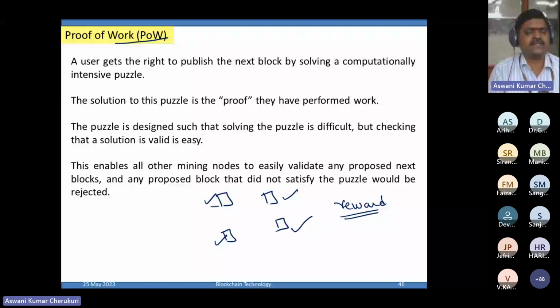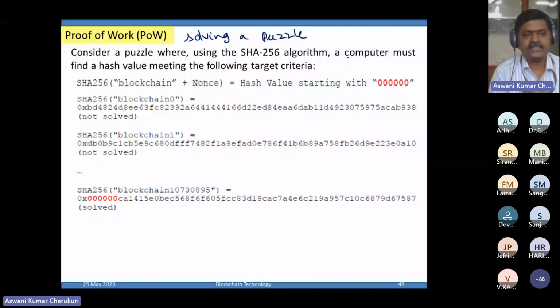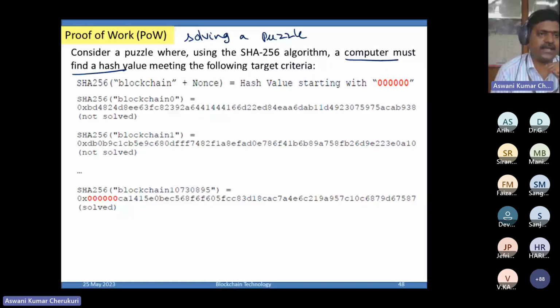Now let us see what that work is. Work here is solving a particular puzzle. So work is nothing but solving a particular puzzle. What is the puzzle? Imagine any node participating in creating the block should find a hash value. For what should I find the hash value?